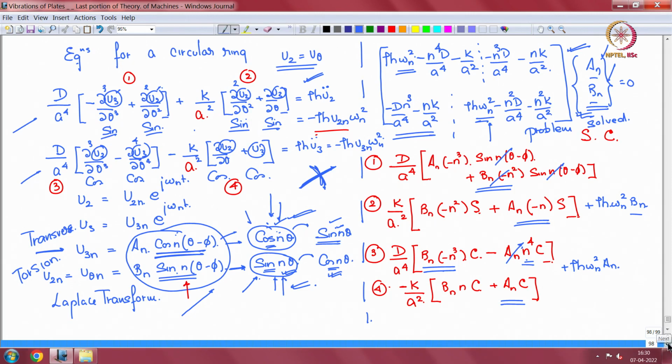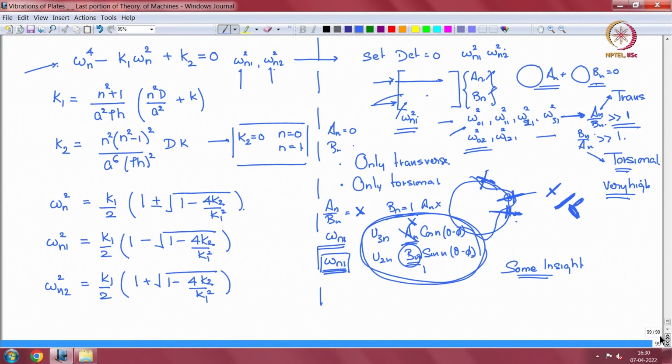Okay. However, instead of just letting it go there, we are going to look a little bit inside and see what it means. So, that is this part over here. The natural frequency expression is fourth order, and then this is my k1, this is k2. So, one set is with minus here, one set is with plus over here.